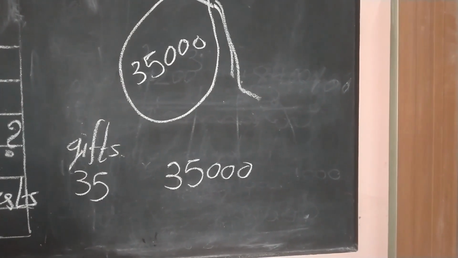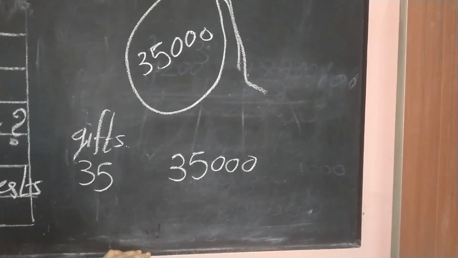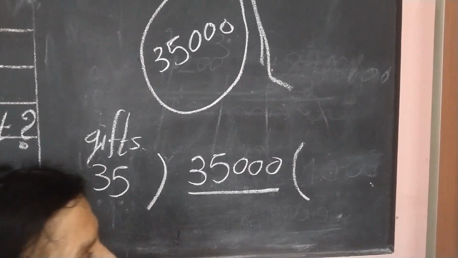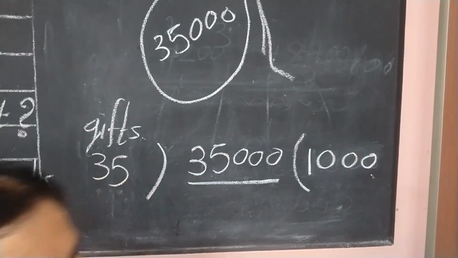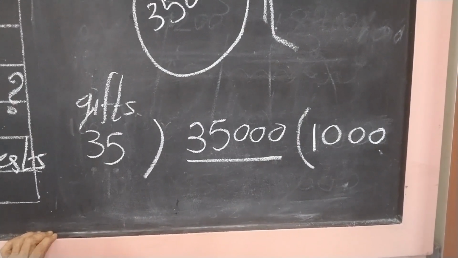So this is exactly opposite of multiplication, means it is the case of a division, and hence the quotient will be coming as 1,000 by taking regular steps in the division process.